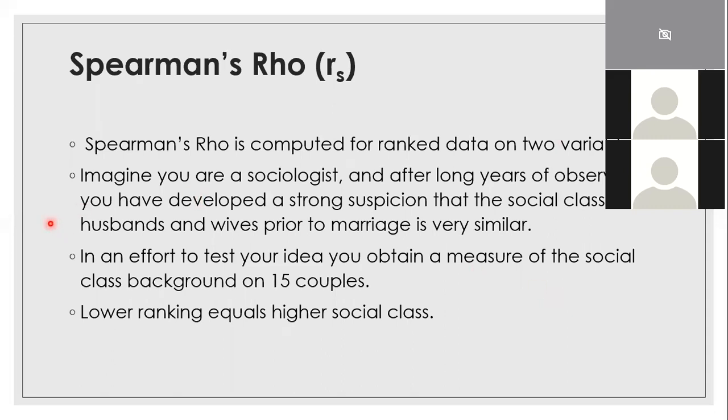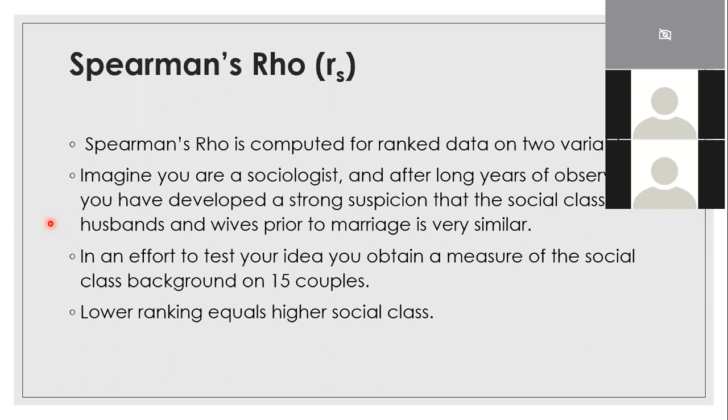So for this one, the first example we're going to look at, it says, imagine you're a sociologist, which most of you are aiming to be, and after long years of observation, you have developed a strong suspicion that the social class of husbands and wives prior to marriage is very similar. So in other words, what you've observed in your community is that people tend to marry within their socioeconomic bracket.